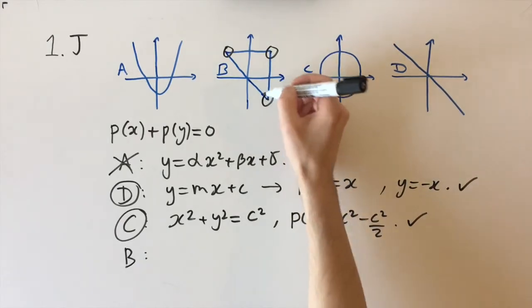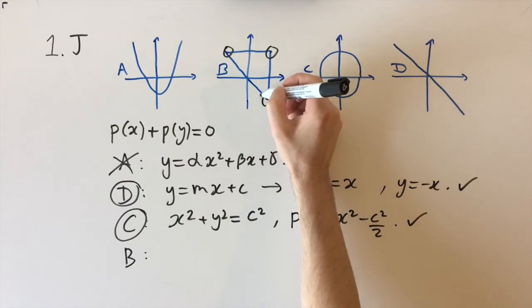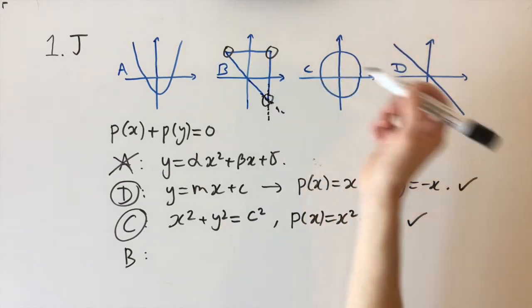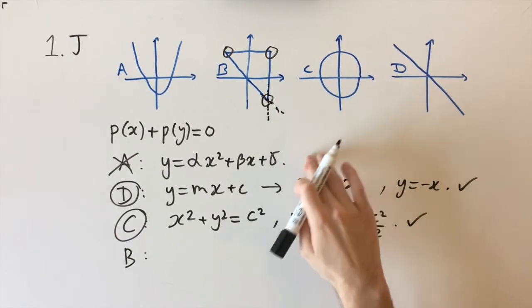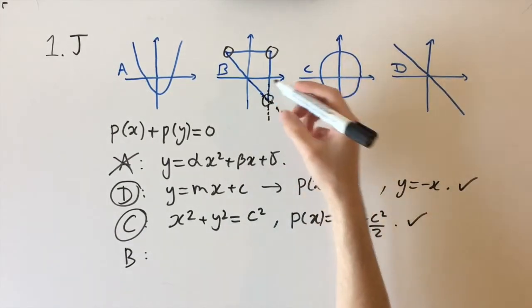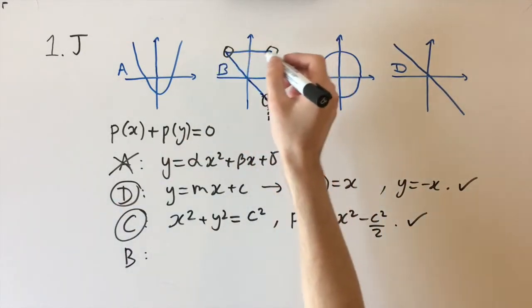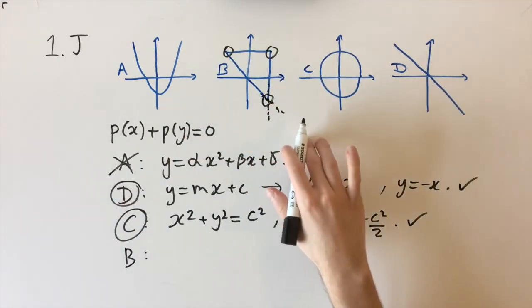We can't really do that because if we look from the left side, then maybe the tangent is this line. But if we look from the other side, maybe the tangent is this line. So we're never going to be able to define a derivative at this point. And that is something that polynomials cannot satisfy. So polynomials are always differentiable, and we're never going to get these sharp edges in any diagram like this.